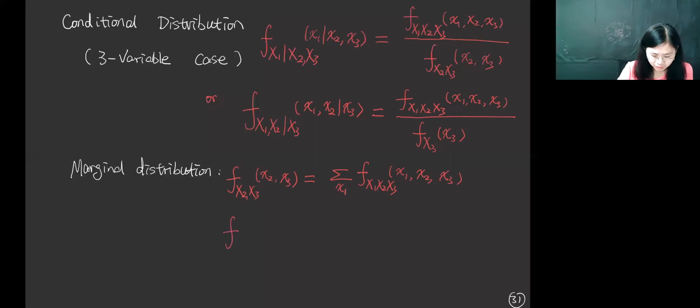And the marginal of x3 is obtained in the same manner, but, sorry, this is a function of only x3, we just sum over little x1 and little x2.